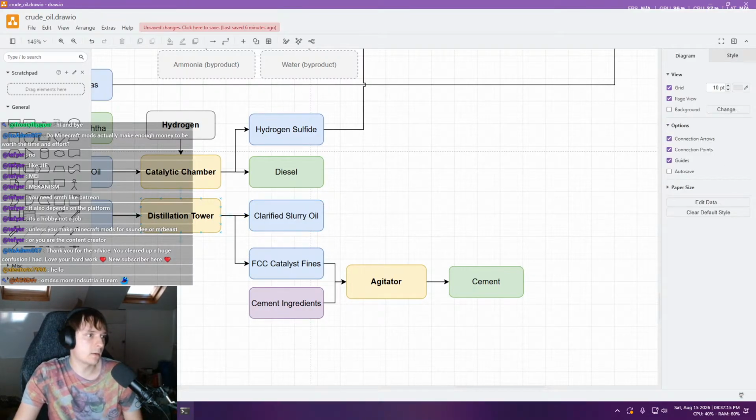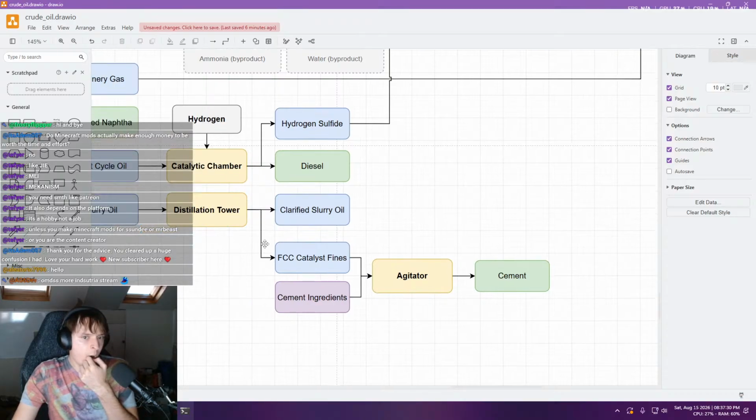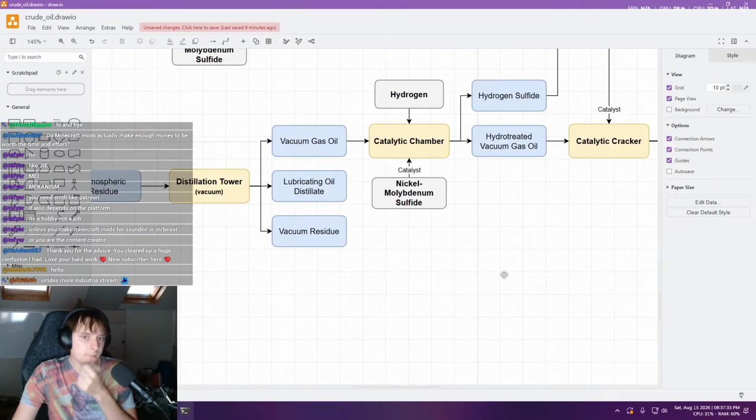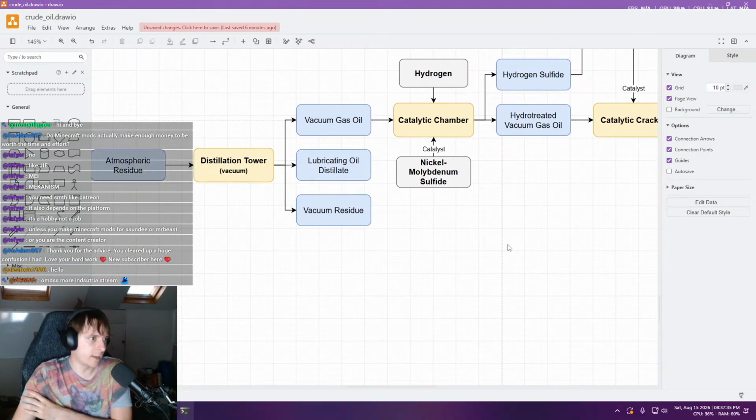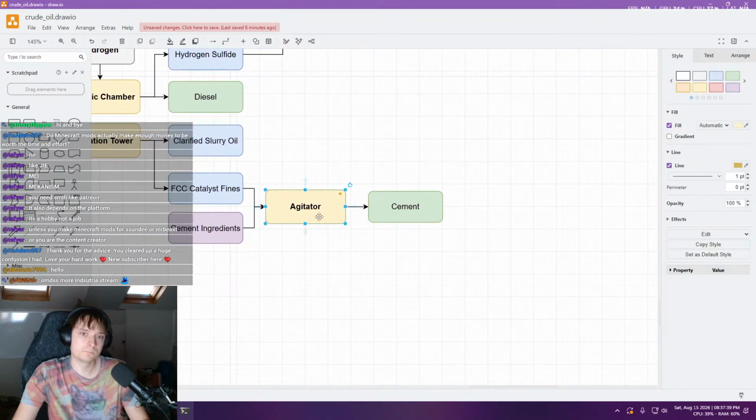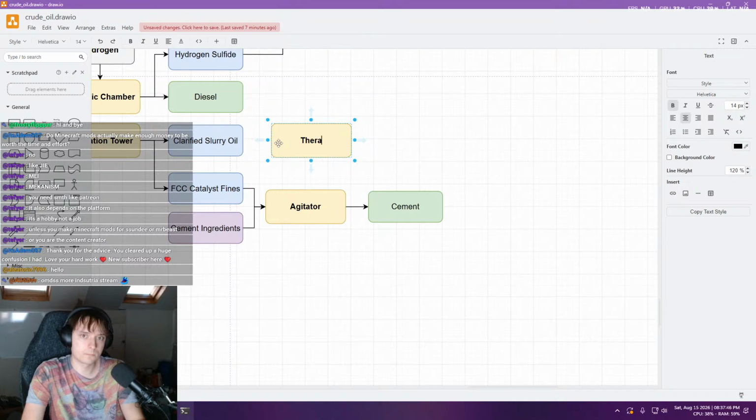So next then is the clarified slurry oil, which needs to go... Apparently it goes with the vacuum residue in something called a thermal cracker.